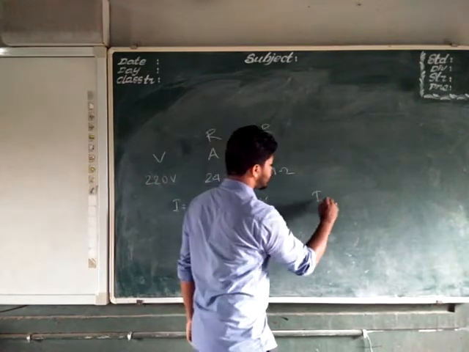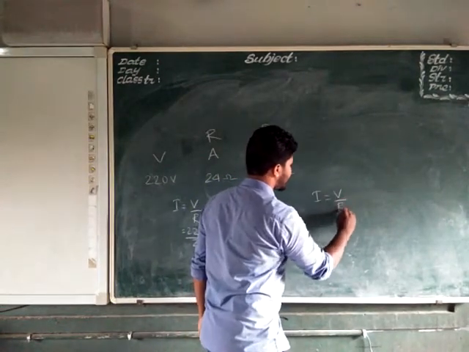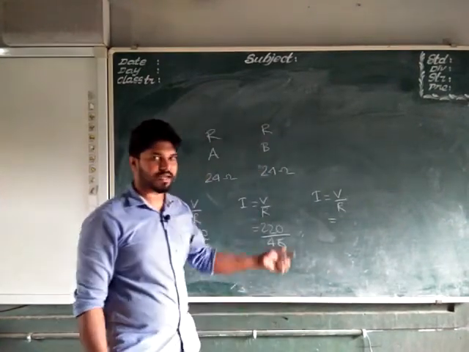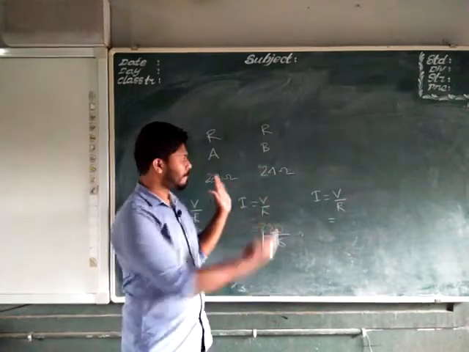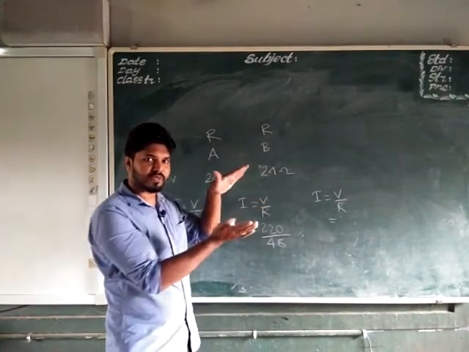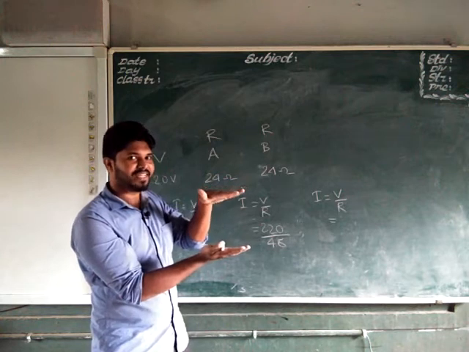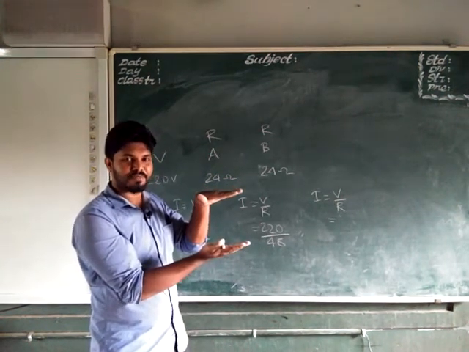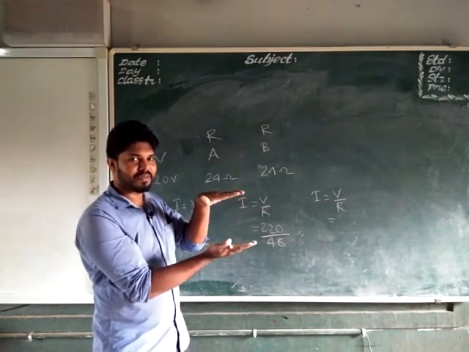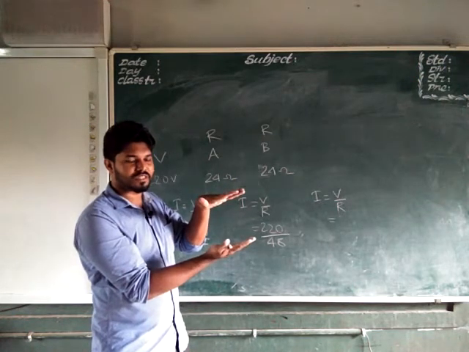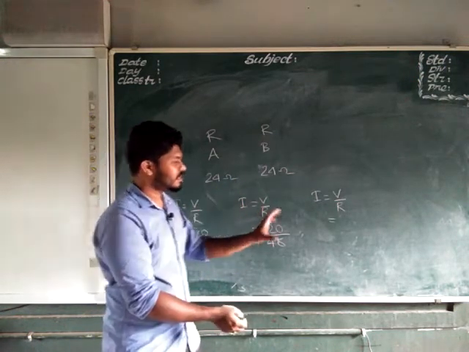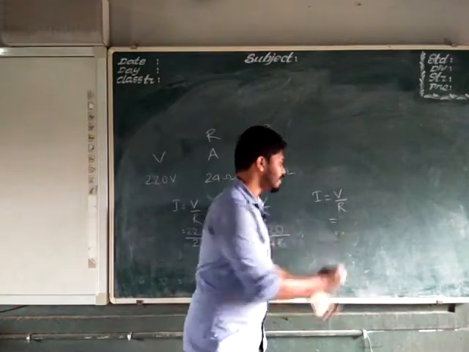Next thing, they are connected in parallel. If they are connected in parallel, the resistance becomes the parallel combination of 24 ohm resistors. The resistance becomes half. Why does it become half? Because they are the same. If two resistors of the same value are connected in parallel, the equivalent resistance will be half of the individual resistance.